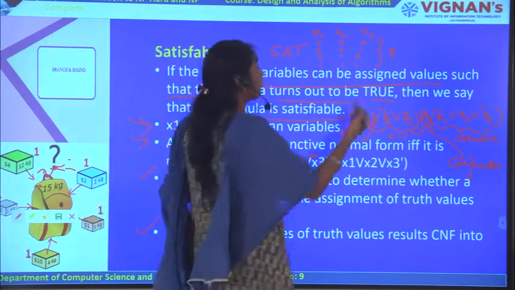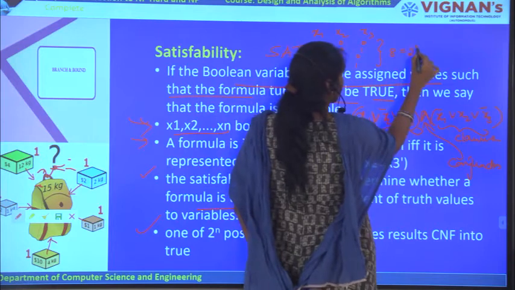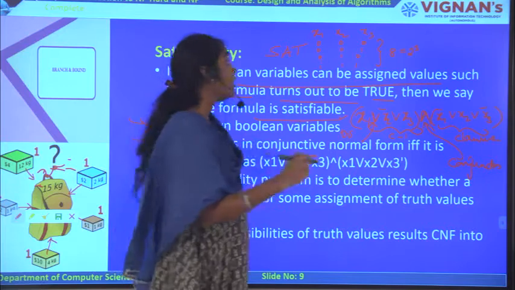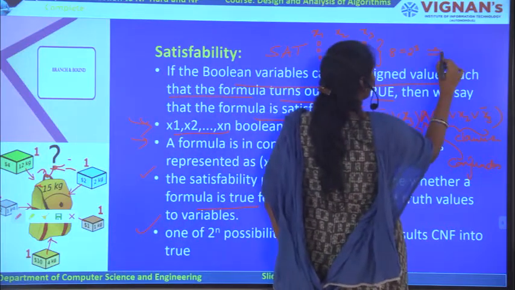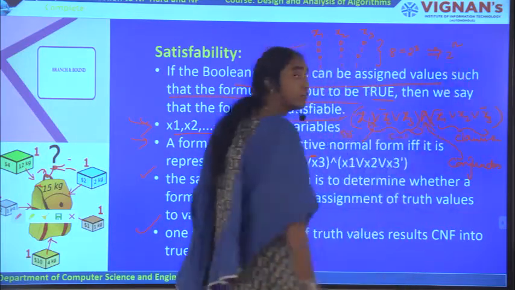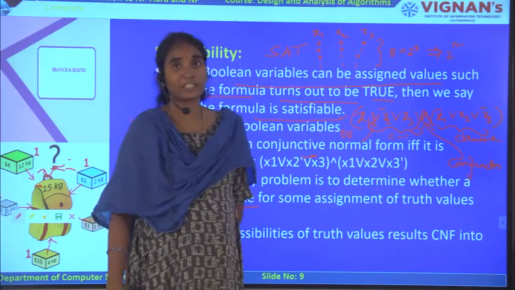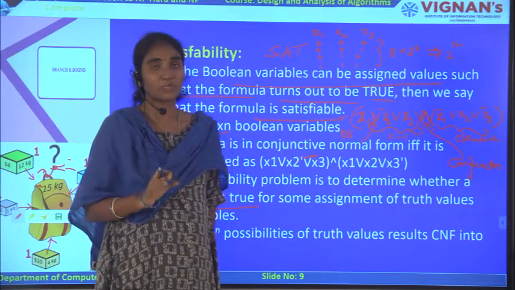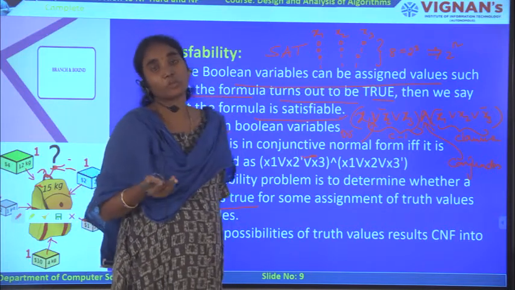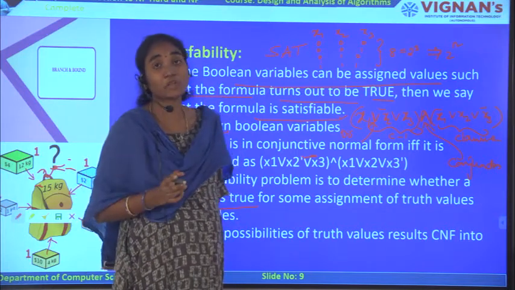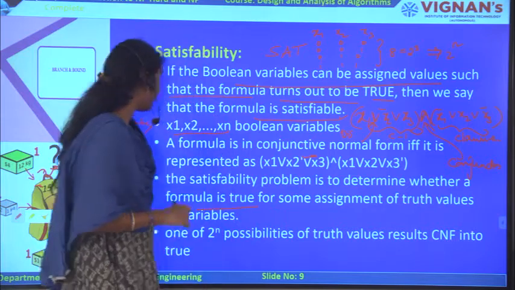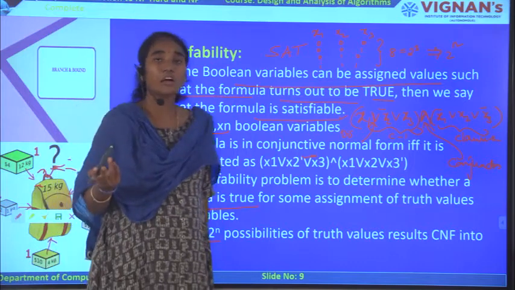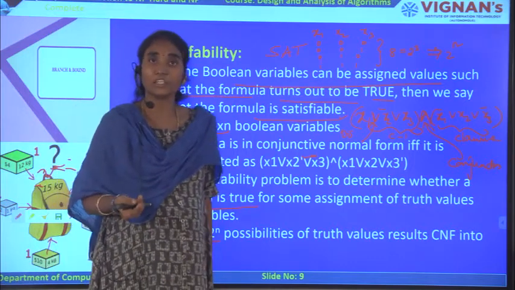Three variables, which is equal to 2 cube. If I have n variables x1 to xn, then I have 2 power n possibilities. Out of 2 power n possibilities, I'll have one or more that give true.